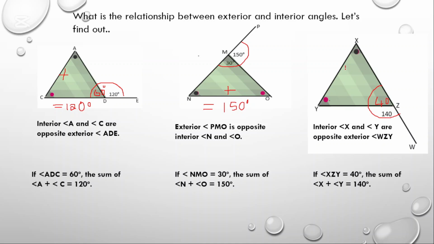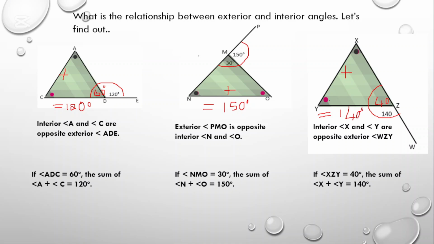Then the sum of these two must be, yes, you're right, 140 degrees. Right, because three angles of a triangle add up to 180. So X plus Y is equal to 140 degrees.